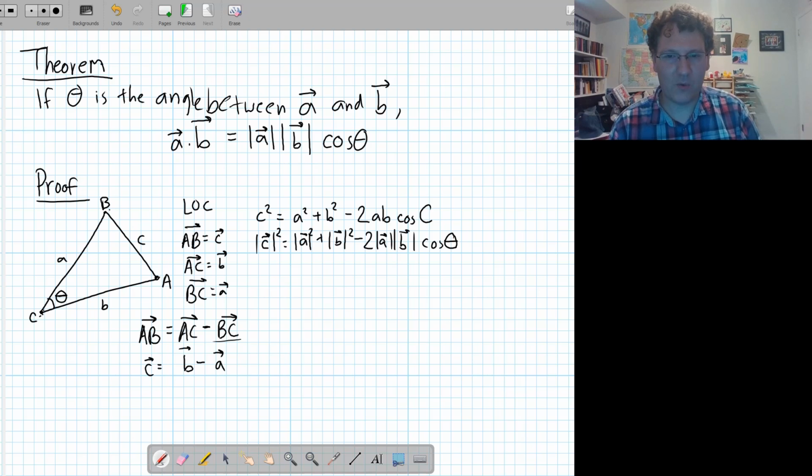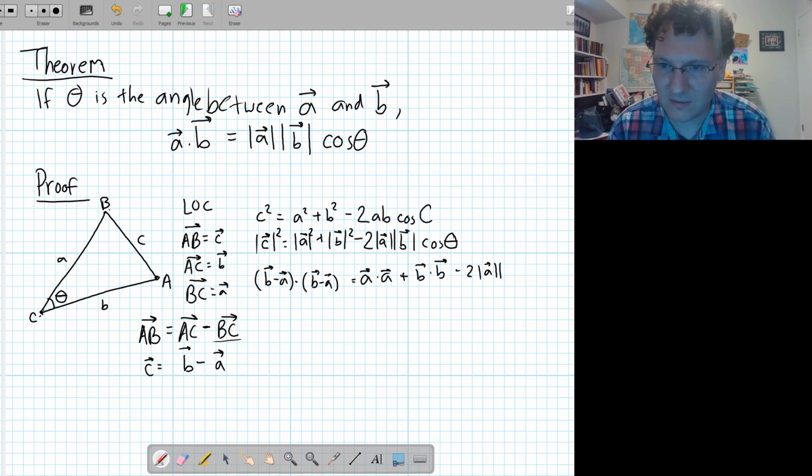Okay, so I'm going to write that here as B minus A on this side, dot with B minus A. That's the left-hand side, and it is equal to A dot A plus B dot B minus 2 times the magnitude of A times the magnitude of B times the cosine of theta.